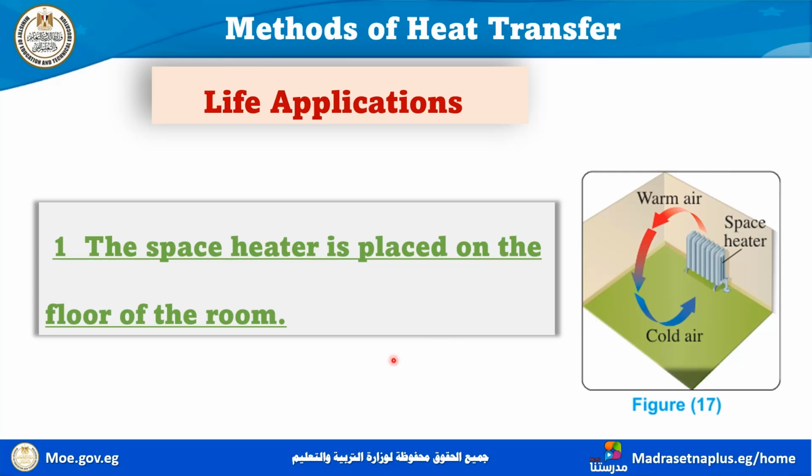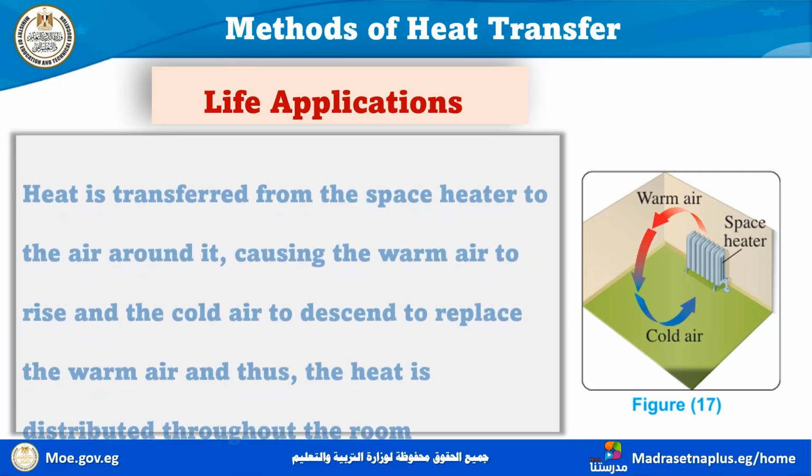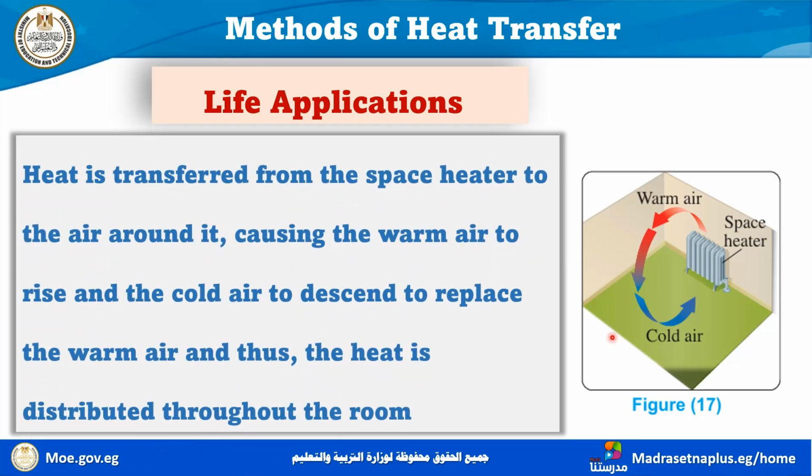Why? Let's explain why. Of course, heat is transferred from the space heater to the air around it, causing the warm air to rise up and be replaced by the cold air.